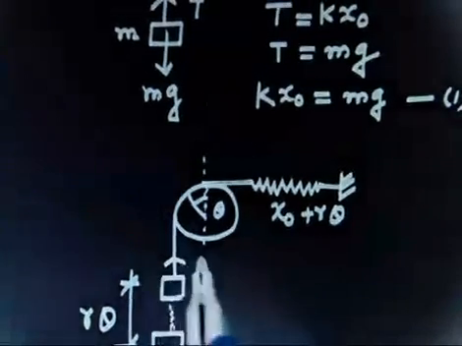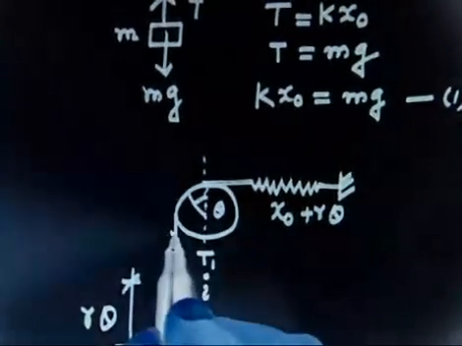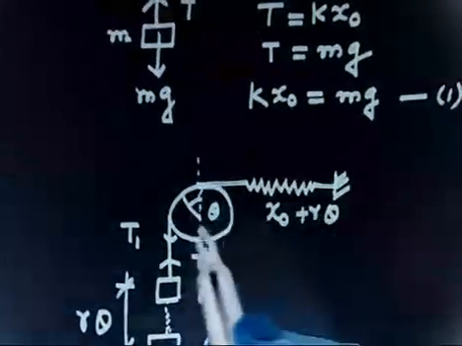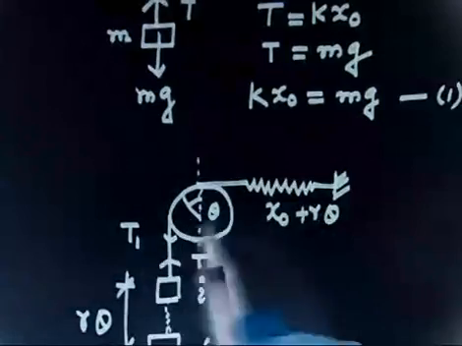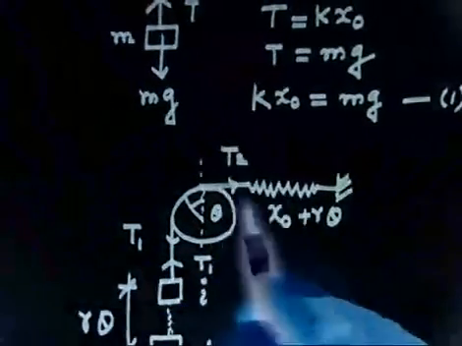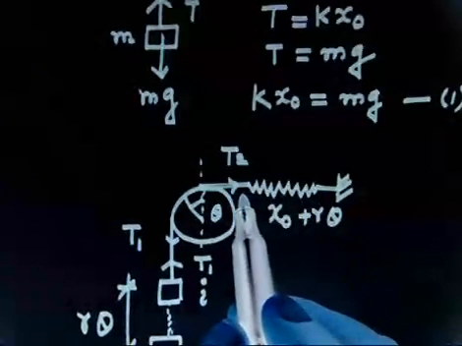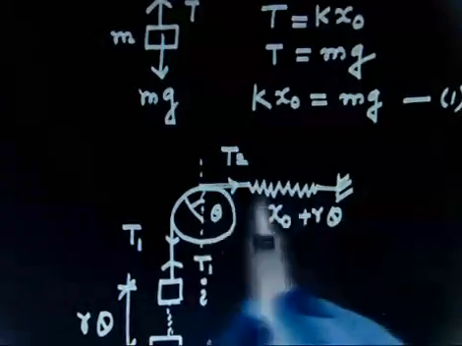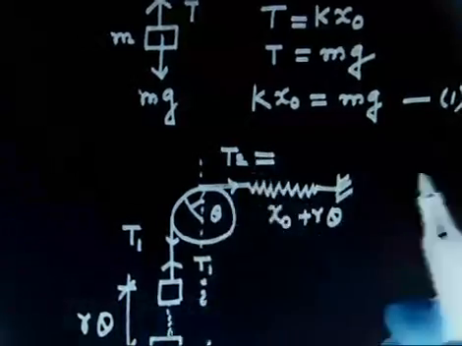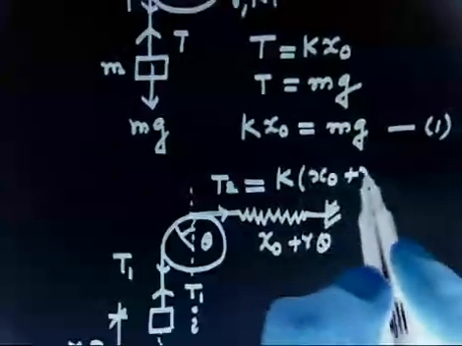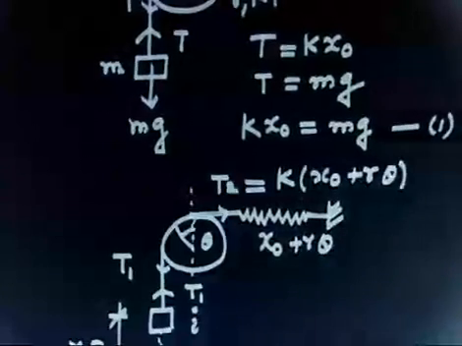Let us say the tension on this side is T1, and since this mass is in motion, I cannot say this tension is simply T1. Let this tension be T2, and this spring will elongate this side, so T2 will be equal to K times (x naught plus r theta). Are you getting?